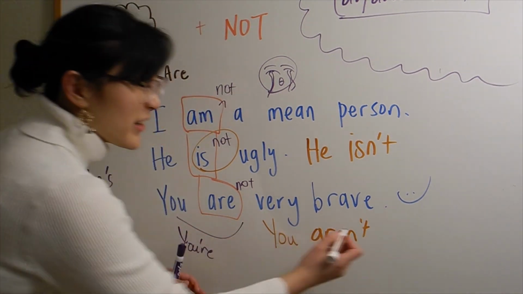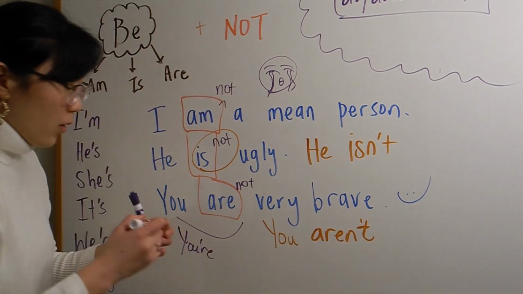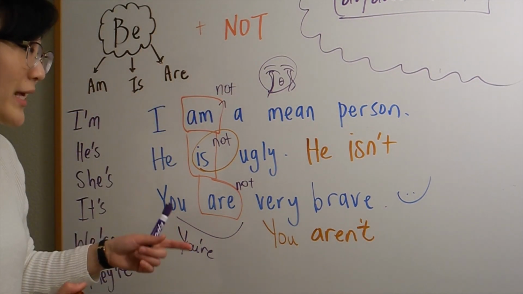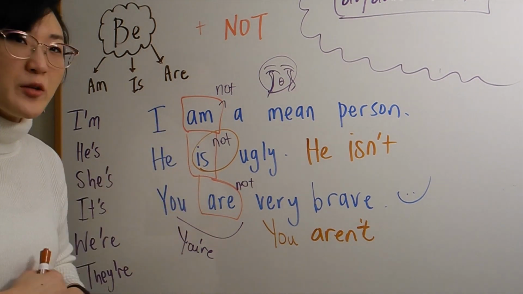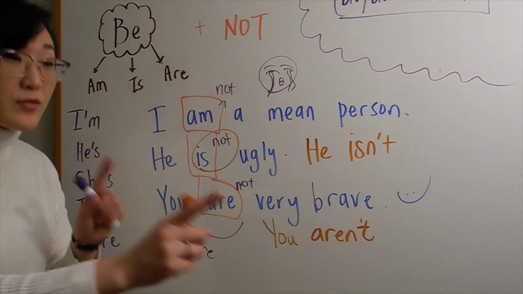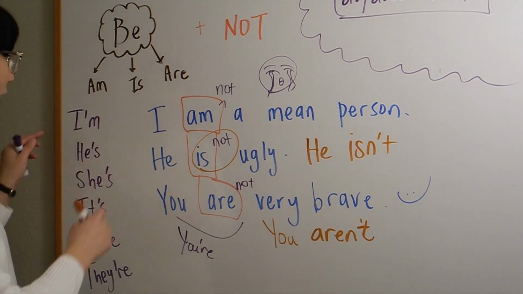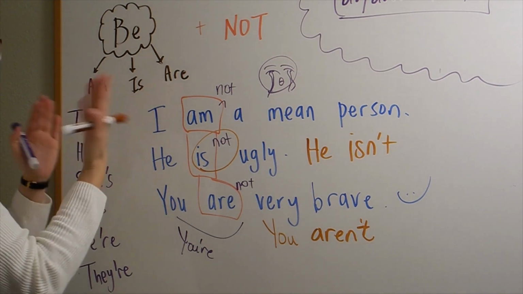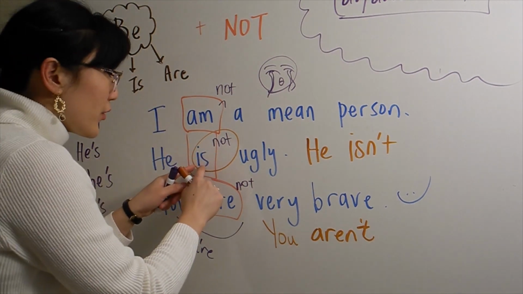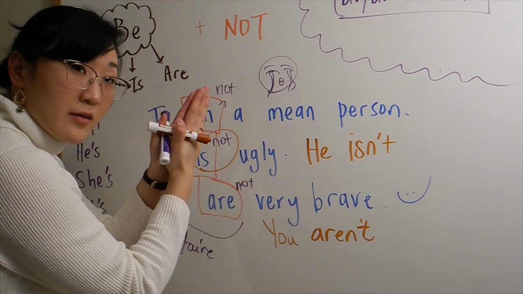You aren't funny, for example. Or we aren't happy. Or they aren't hungry, right? You have two options of combining it. I could have the pronoun and the verb together, or I can put the verb and the negative together, right?